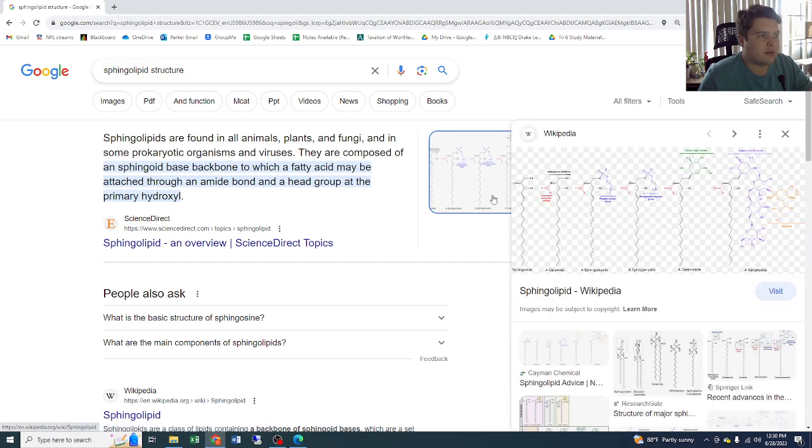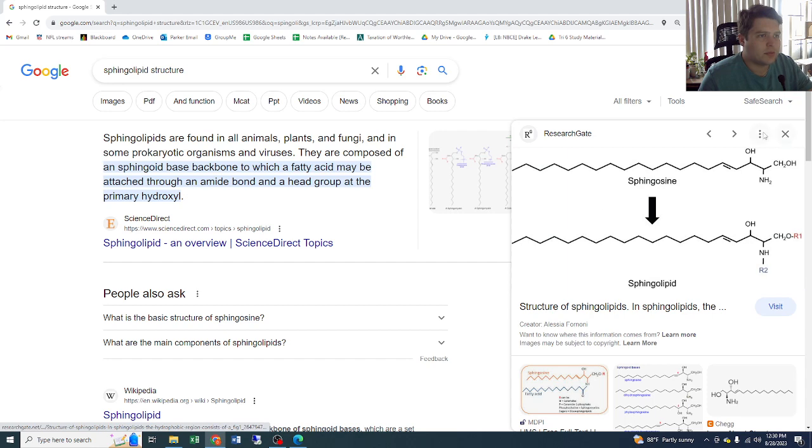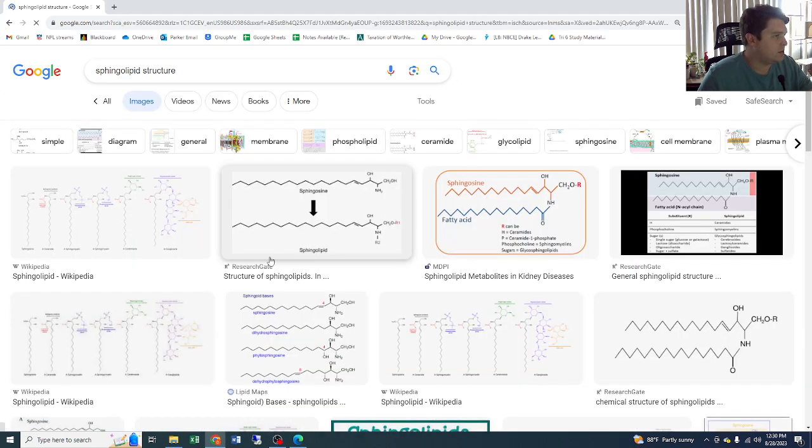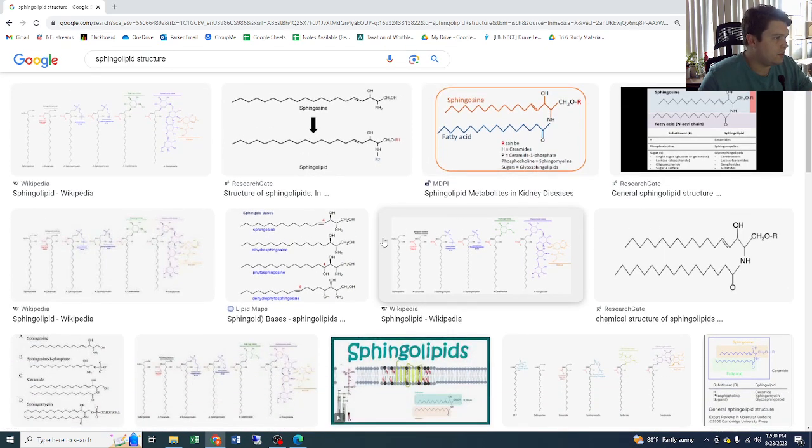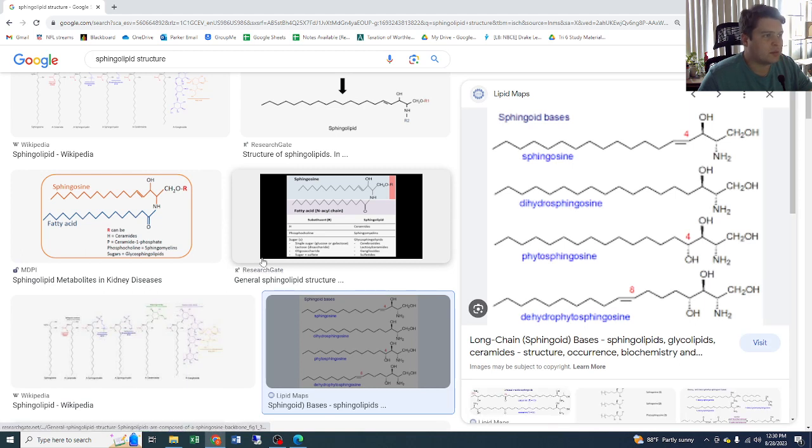So if we look at some of these, let me find a good example here for us. These are all examples of these. So this over here is our sphingoid base right here, and then we can have an amide bond with the nitrogen, which connects us all the way through this actual chain over here.